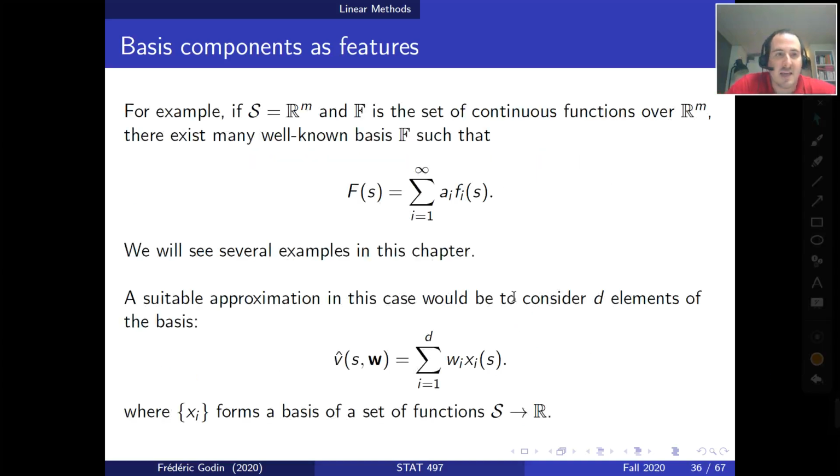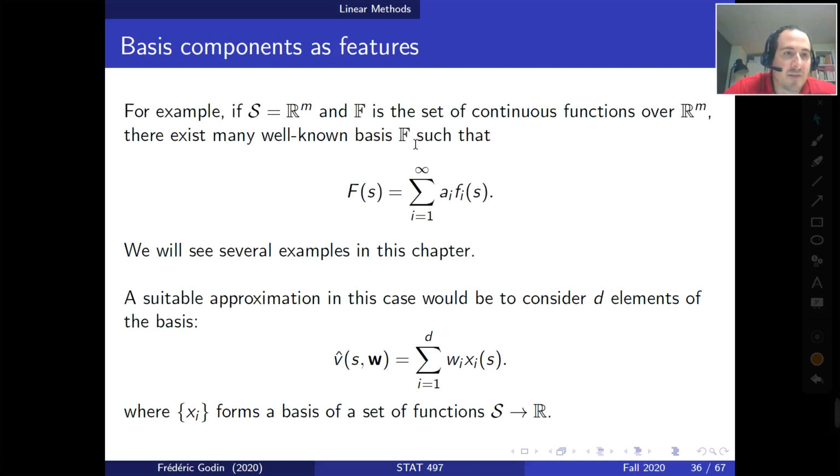This is exactly repeating what we proposed in the previous slide, but if, for example, the set of states is R^m, so states are points, real numbers in m dimensions, and if we know that the value function is a continuous function over R^m, then we know many suitable bases of that vector space.